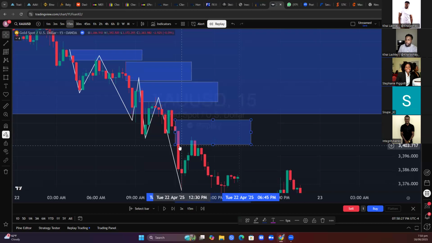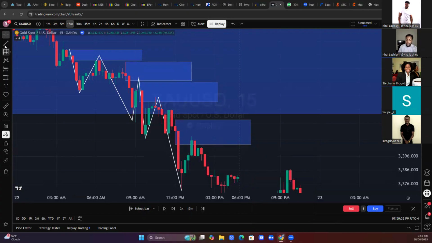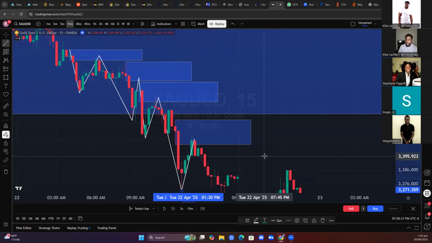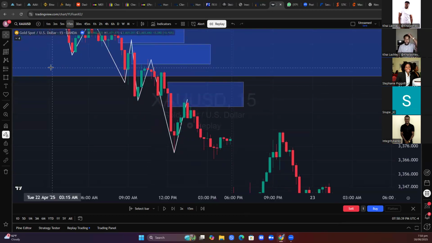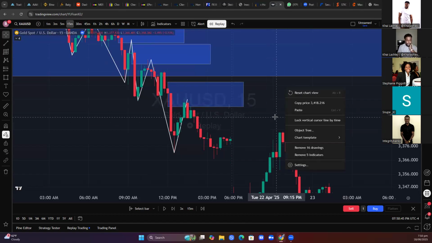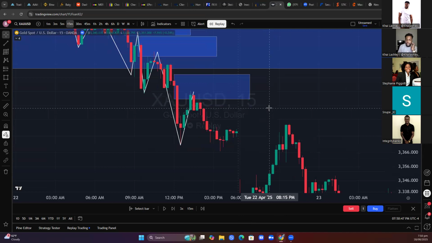So what created the imbalance? This three candlestick pattern, one, two, three. The market came right back up into that area, and then we go on again. Everybody following? All clear.